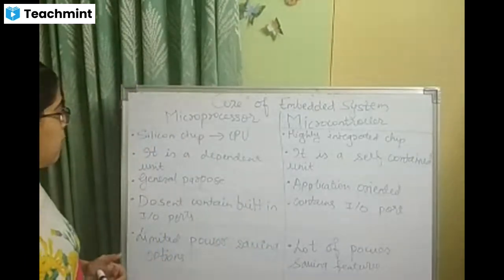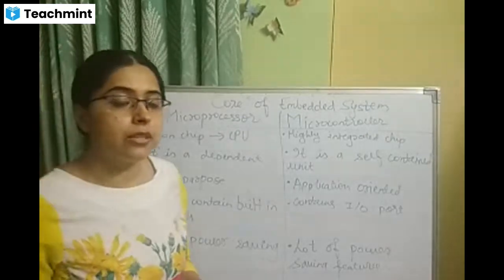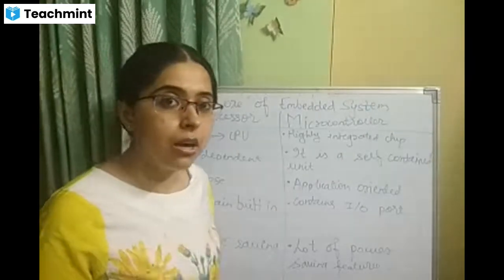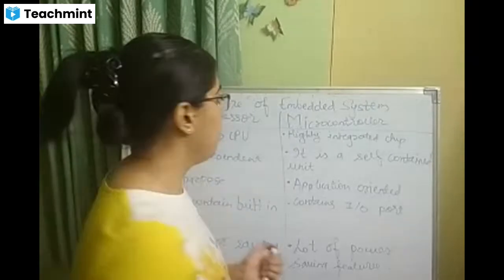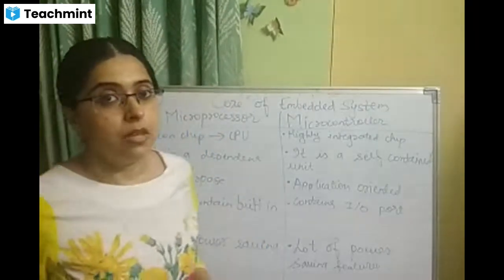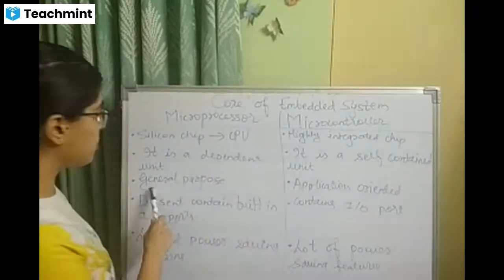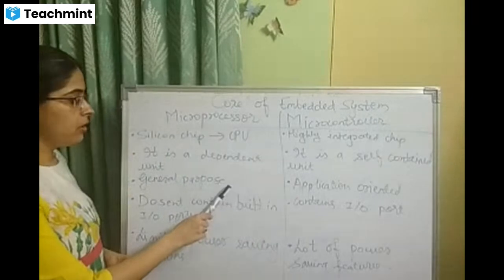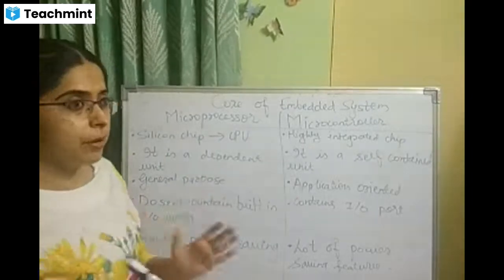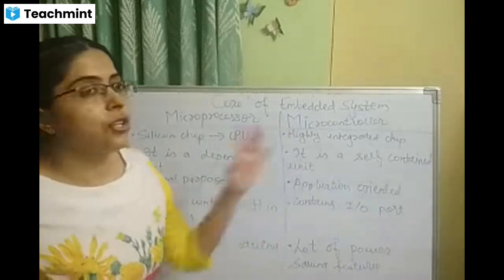Next point: a microprocessor is a dependent unit, that is, it depends on external peripherals and external hardware for its proper functioning, whereas a microcontroller is a self-contained unit. Everything is there on chip. And microprocessors are general purpose in application, and microcontrollers are application oriented.